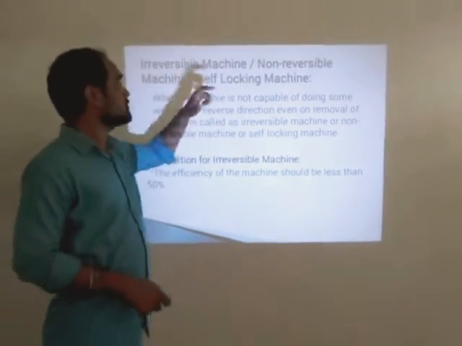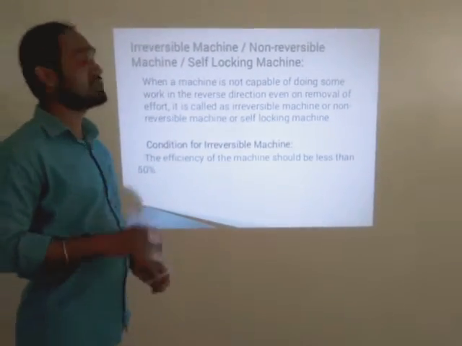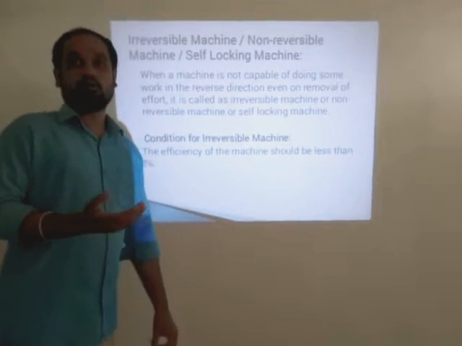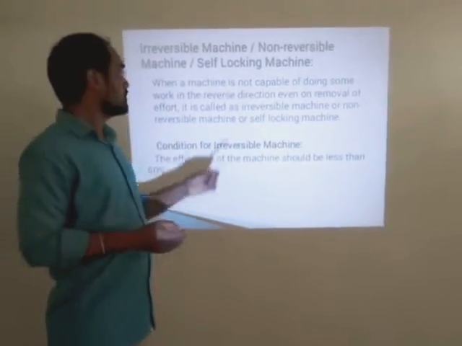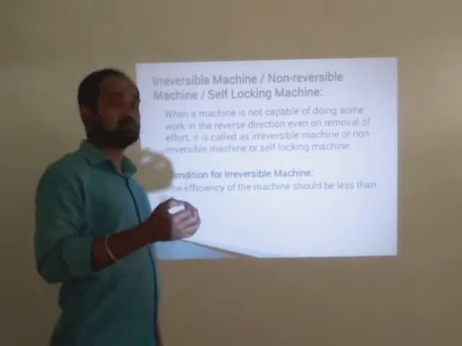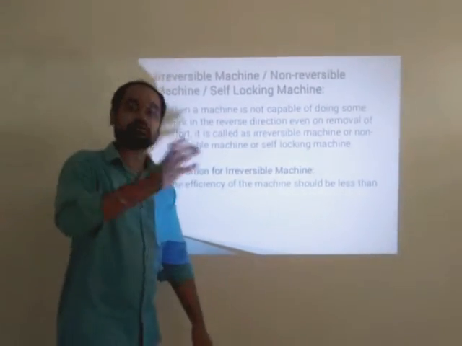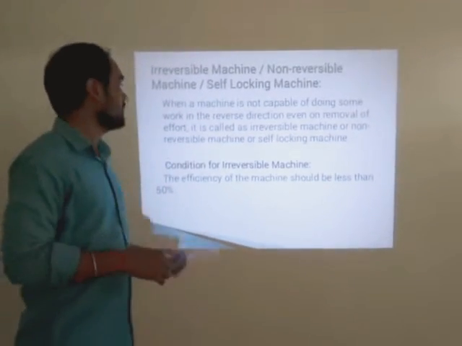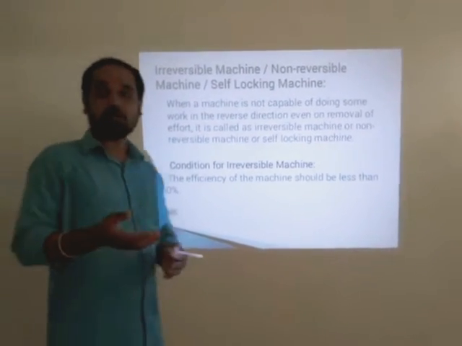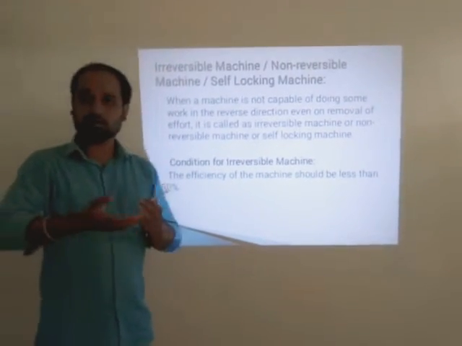Then the irreversible machine is also called a non-reversible or self-locking machine. The difference between reversible and irreversible is that this machine is not capable of doing work in the reverse direction when we remove the effort.